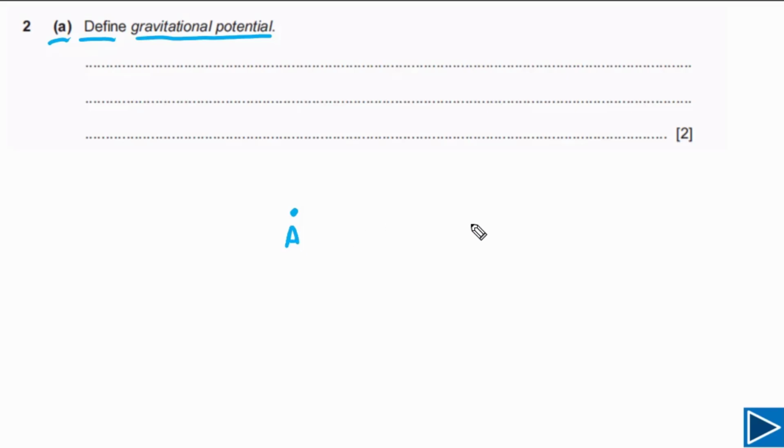Imagine that we have 2 points. Let's say we have point A and here we have point B. You can also imagine that this is our planet. So these 2 points are in a gravitational field. Now, if we place a unit mass at this point with initial velocity equal to 0, and we move this unit mass from point B to point A, when it reaches point A, its velocity is again equal to 0.